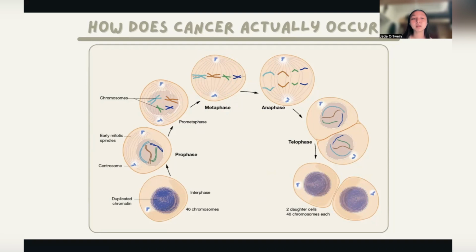If this is all good, then the cell can go ahead to divide. But what if during these checkpoints the cell cannot go on? Well, usually one of two circumstances will happen.